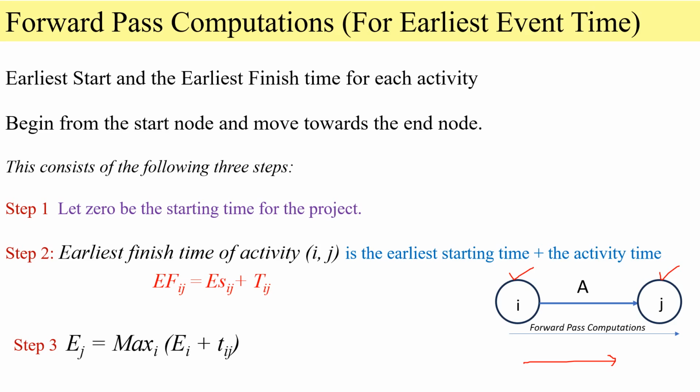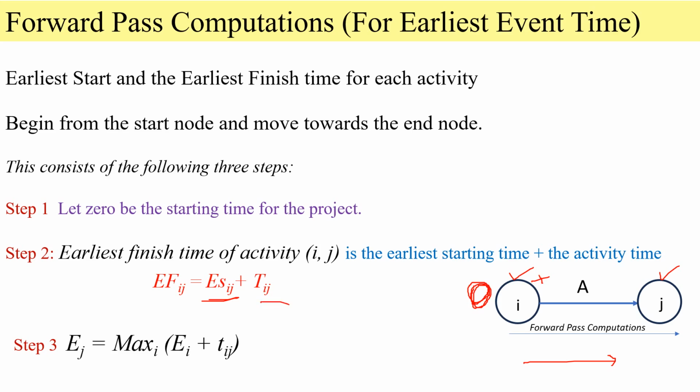Step 1: let 0 be the starting time for the project. So we start at the starting event and consider the earliest start time to be 0. Step 2: the earliest finishing time of an activity is the earliest start time plus activity time, which means EFij equals ESij plus activity time.